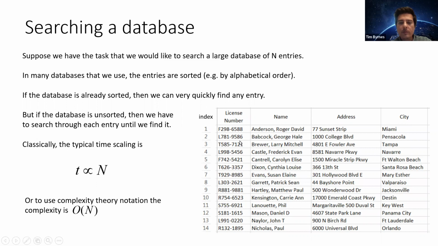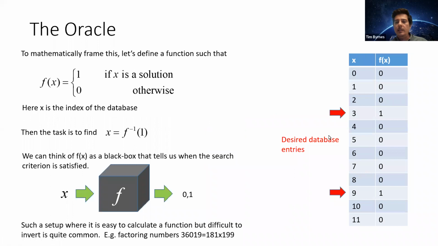So it's number 2 and 4 that we're going to be looking for. In this case, for this example, I have number 3 and number 9 as the ones we're looking for, whatever it is we're trying to search within. So basically, f of x is just a thing that points out the solution.